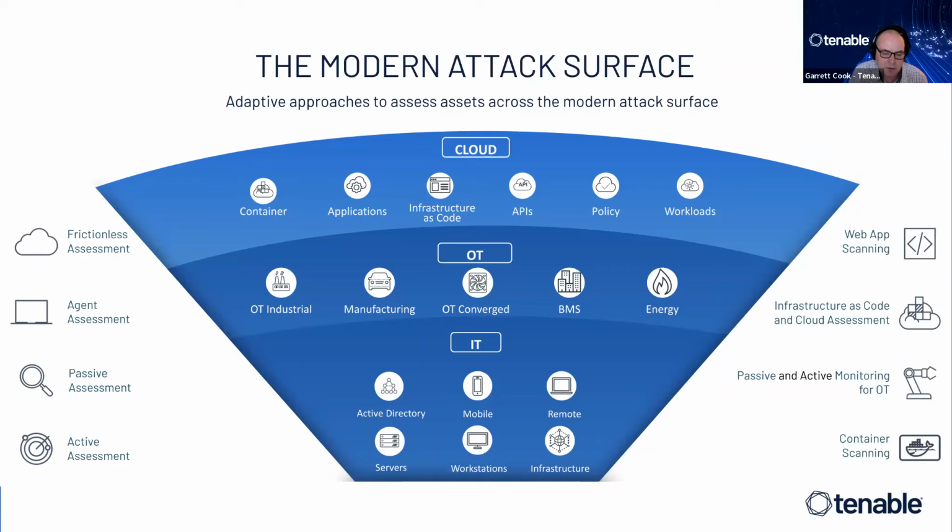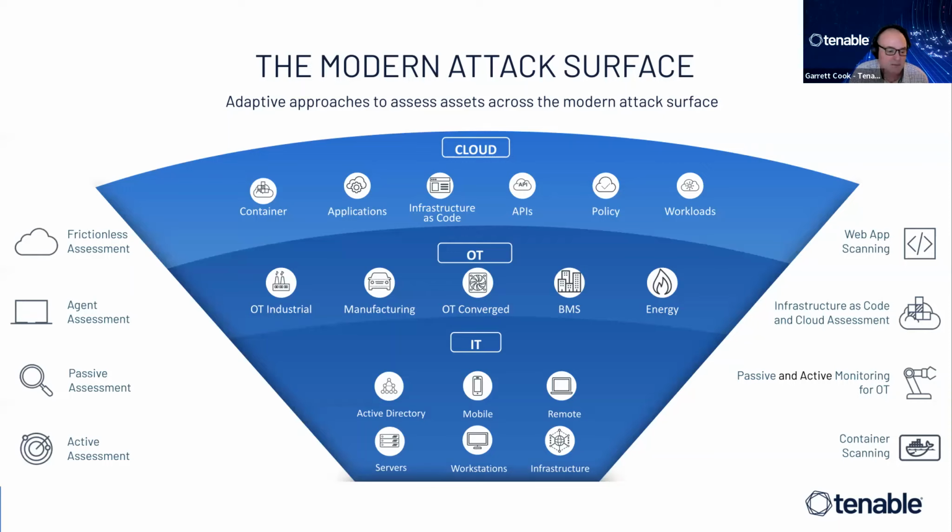Passive assessment, east-west, north-south traffic over network lines to help you understand assets that are moving on the network and account for them. Active assessment, certainly Nessus, I think, is one of the most commonly deployed solutions across vulnerability programs in the government, as well as the 40,000 customers that I mentioned earlier.